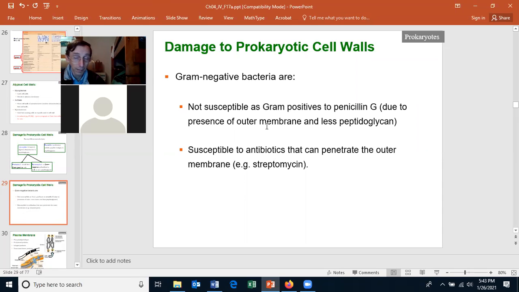But there are many family members of the penicillin family which also work on gram-negative bacteria. For example, ampicillin, which is one of the early members of the penicillin family, is not the first two to be identified, but it might have been the third member of the family. And it works on both gram-negative and gram-positive cells. All right, any questions about this slide?